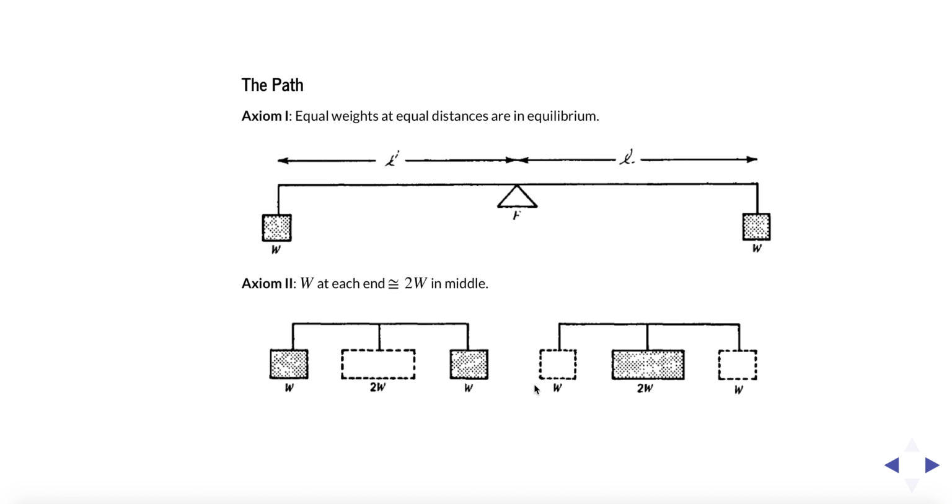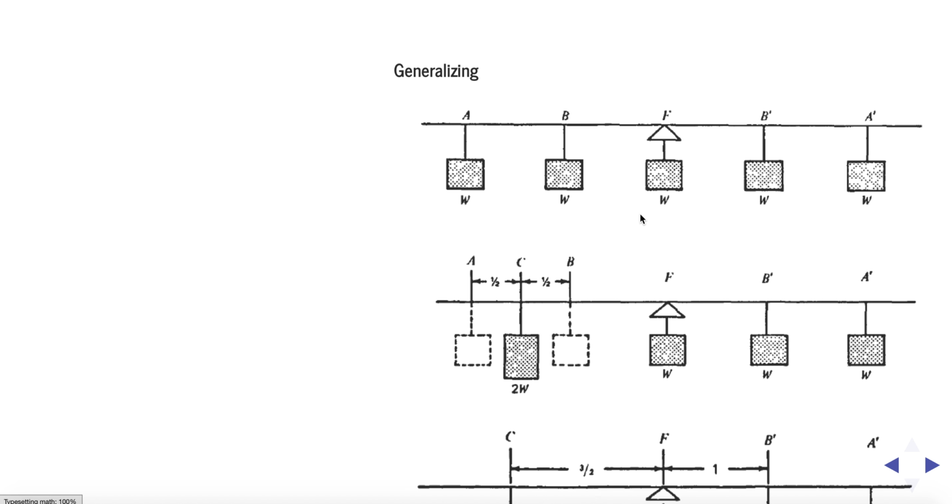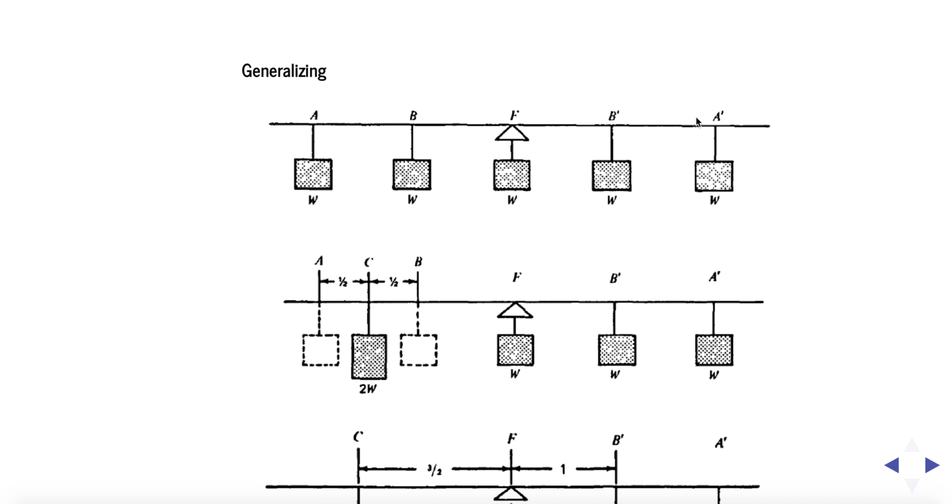But two weights at the end are the same as those two weights together in the middle. That's our second thing to notice. And from that, we can take this further, looking at if we have equal weights at equal distances, again, more of them than two, strung out here, A, B, F, B prime, and A prime, each a unit distance between them.